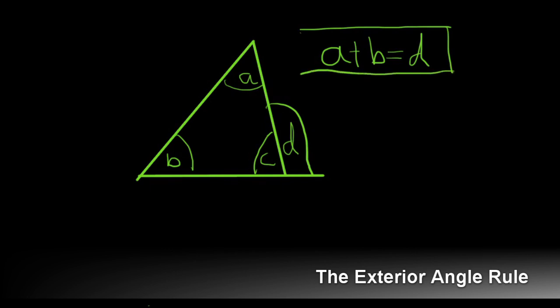You can do that at home if you want to. It's really simple to know. Just keep that at the back of your mind when doing some UKMT questions involving triangles.